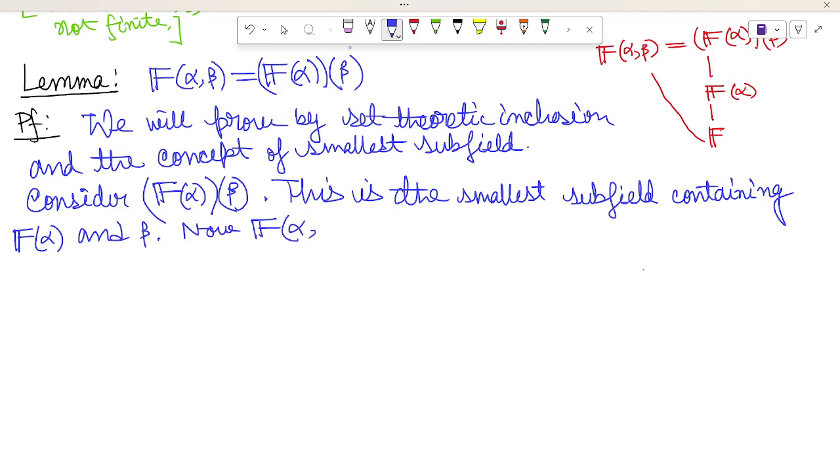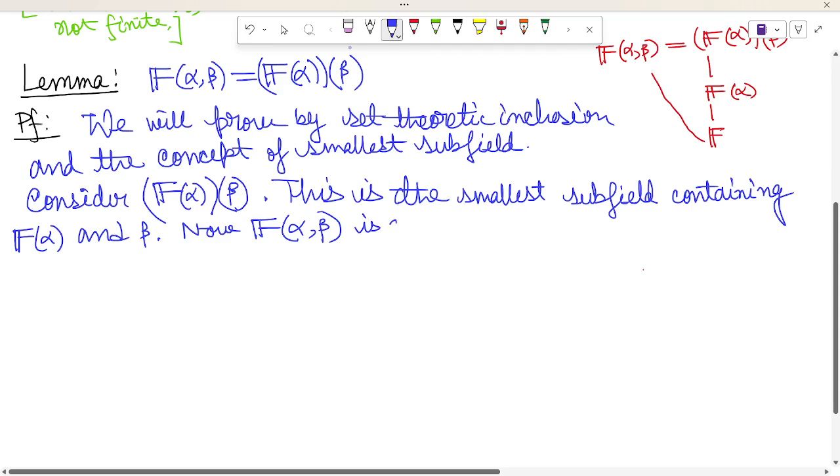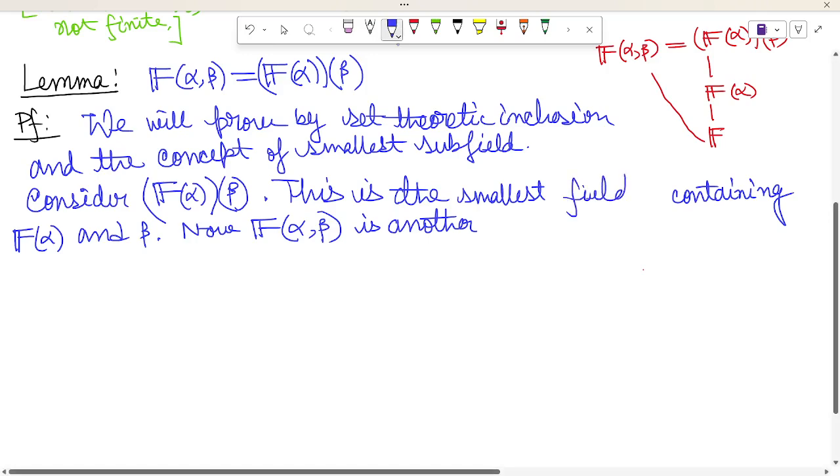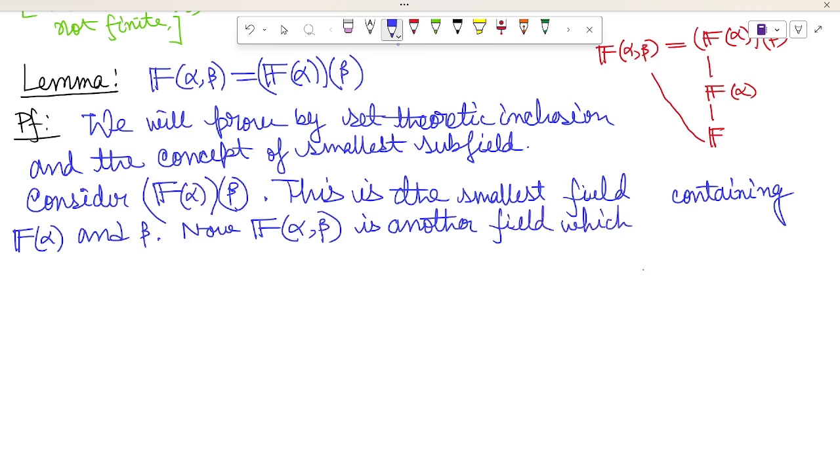Now, if alpha comma beta is another smallest field, beta. Okay. Why?